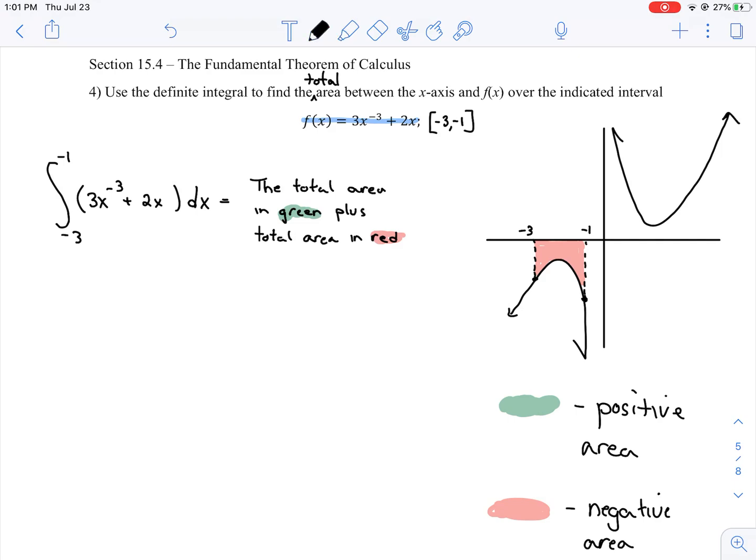However, that is not what this problem is asking for. This problem is asking for a total area. So we want to assume that this area in red is now positive.